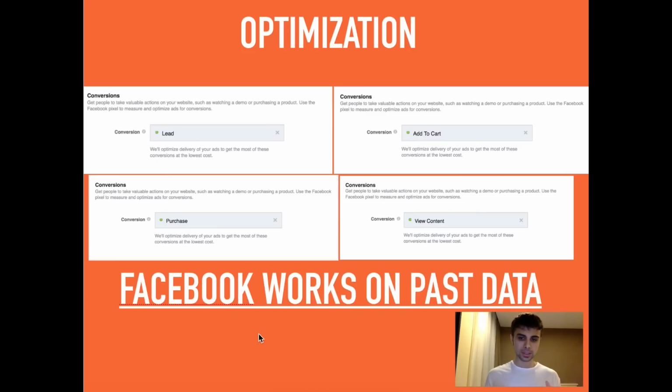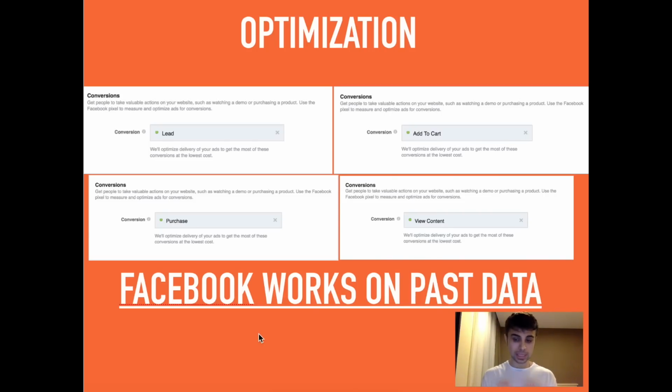That means that you can't optimize for a certain action if Facebook doesn't have that data on your pixel. So you can't just open a new store and tell Facebook, optimize for purchases, get me as many purchases as possible. Thank you, Facebook, bye bye. It doesn't work like that, because Facebook needs to see data. Facebook needs to see purchases to know who to optimize for.